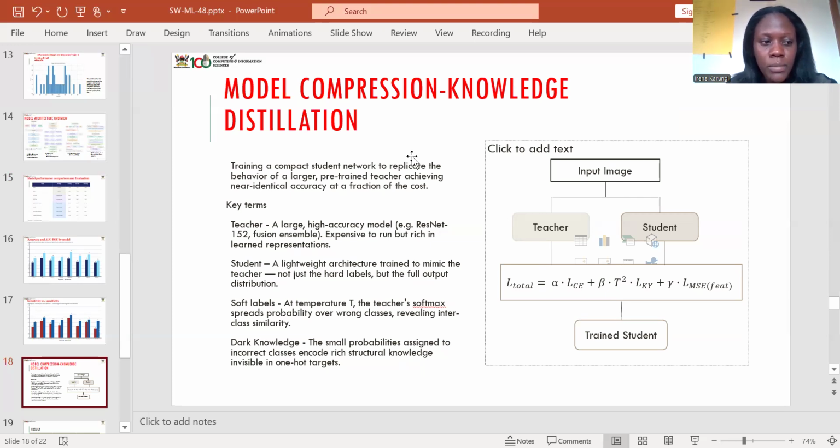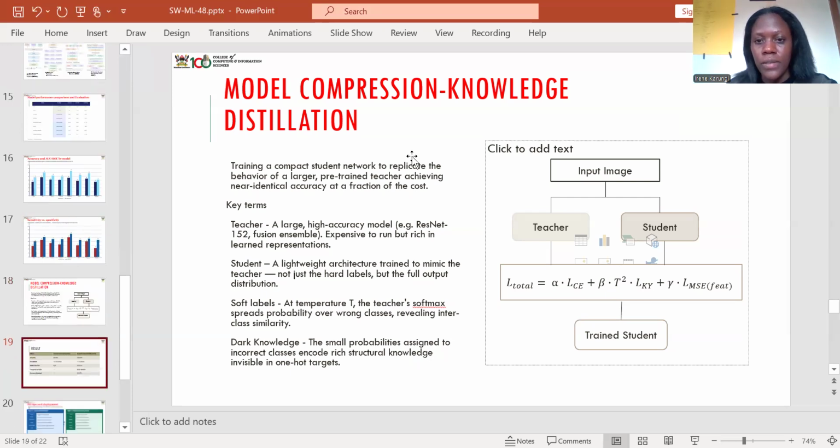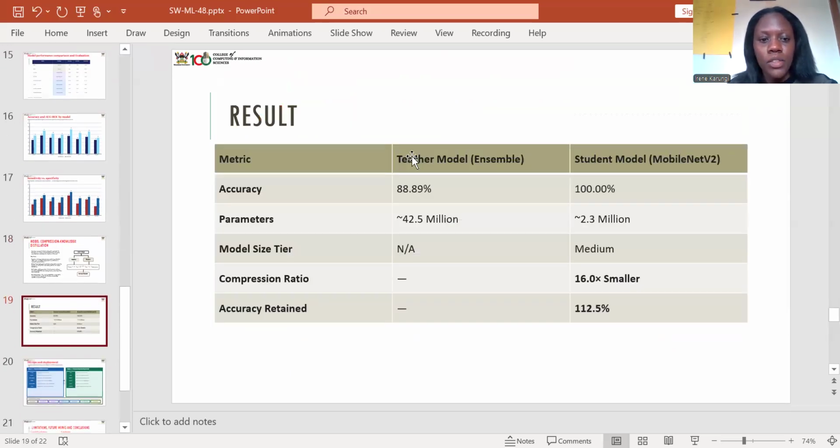The student model becomes faster and requires less computational power while maintaining acceptable accuracy. This is important for deployment on mobile or low-resource healthcare systems. So these are the results from the model compression. The final results demonstrate that machine learning combined with color analysis can support non-invasive anemia screening.